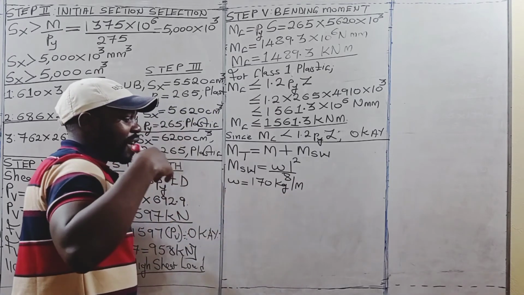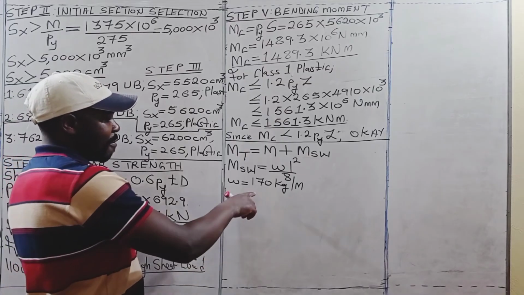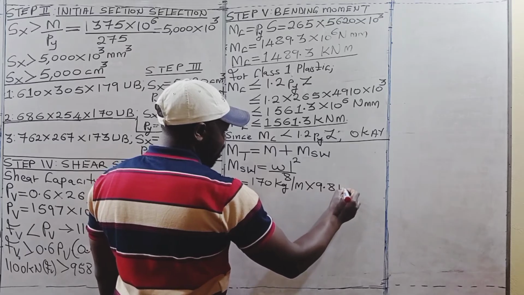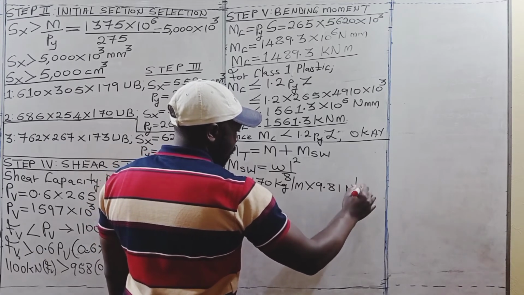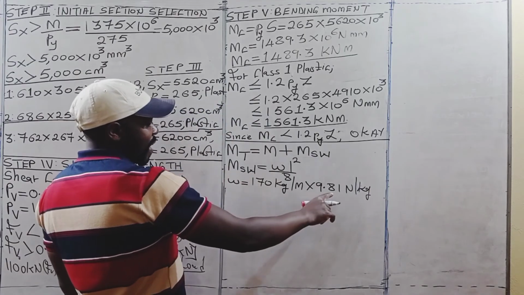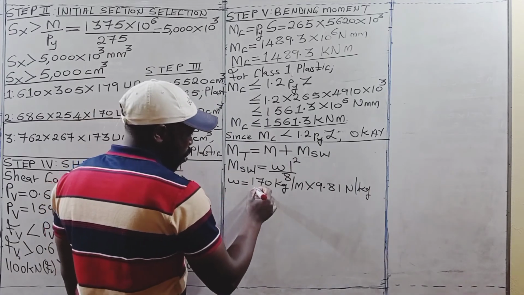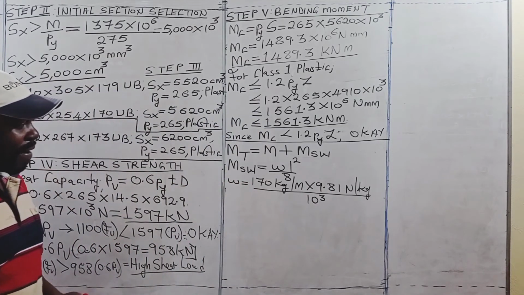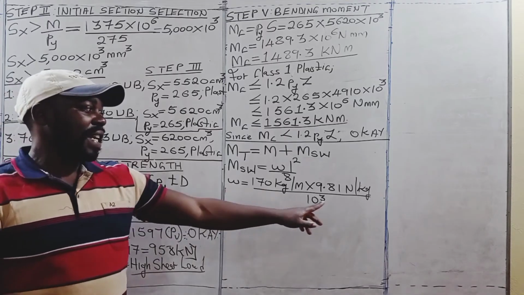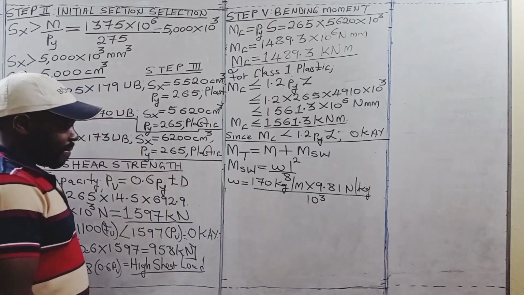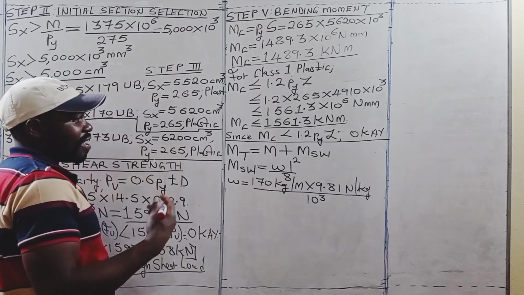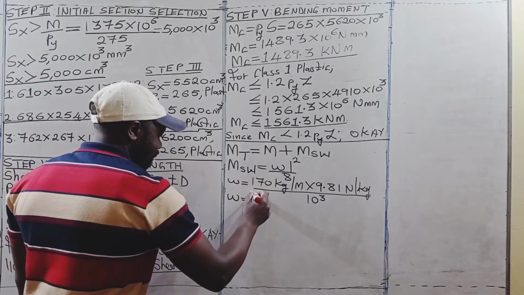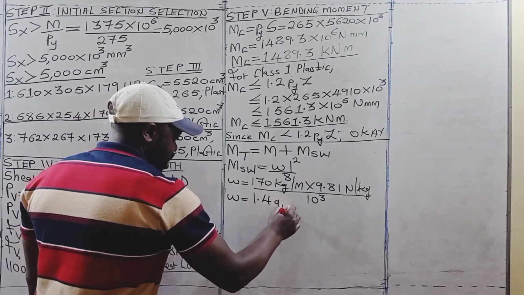For us to convert mass to weight, we need to multiply the mass by the gravitational force, which is 9.81 newtons per kg. Then to convert newtons to kilonewtons, we divide by 1,000. That is 10 raised to the power of 3. Therefore, this is W. Then we know that the design load is usually given by 1.4 GK.